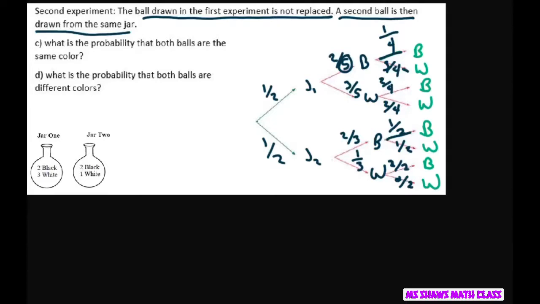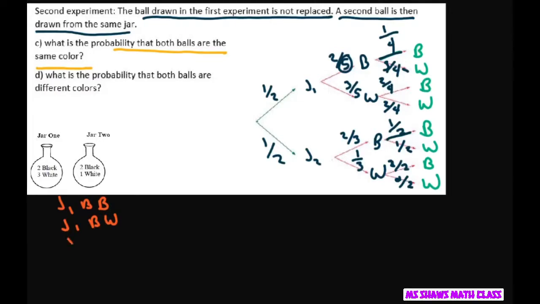So now we have to find what's the probability that both balls are the same color. So the same color. And let's write all these out. The same color is from jar 1. We're going to have jar 1 and then BB. Jar 1, B white.